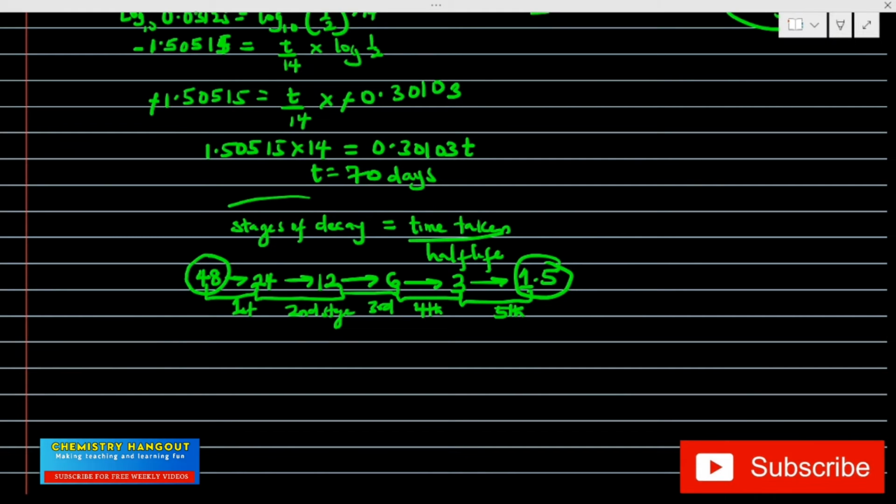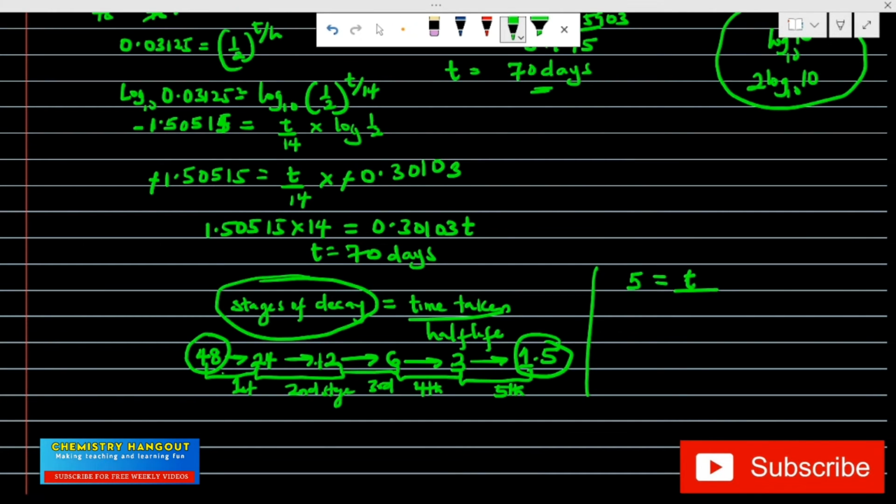So the stages of decay is 5, which is equal to what they asked us to look for, time taken, over half-life. And what is our half-life? That's 14. So our T is 14 times 5, and our T definitely is going to be 70 days. Fast. You get the point now?